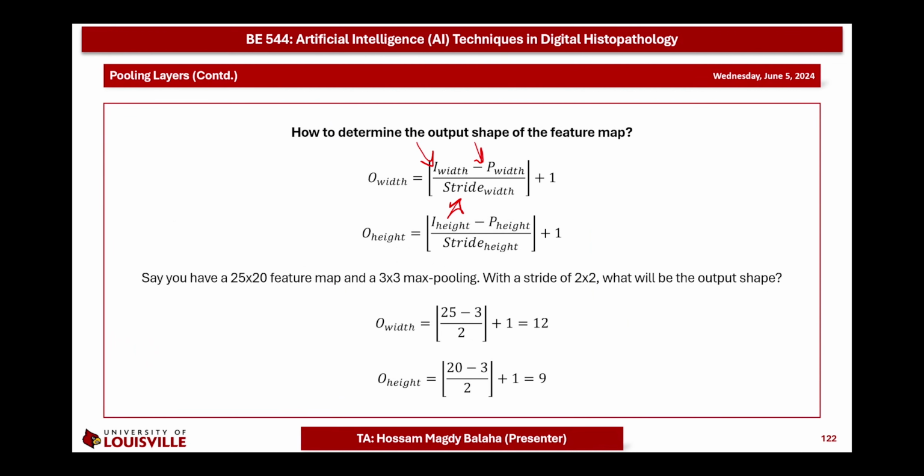So assume you have a 25 by 20 feature map and a 3 by 3 max pooling layer with a stride of 2 by 2. What will be the output shape? Just substitute in the two formulas. You will get 25 minus 3 is 22, divided by 2 is 11, plus 1 will be 12. And for the height, 20 minus 3 will be 17, divided by 2 will be 8.5, rounded will be 8, plus 1 will be 9.